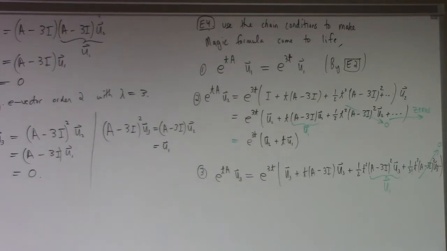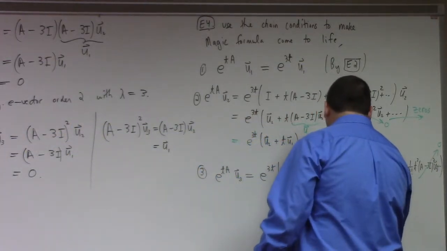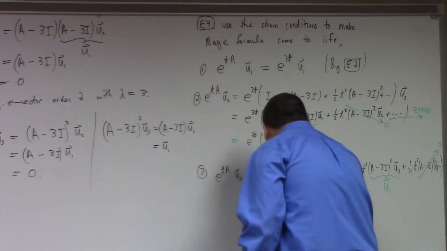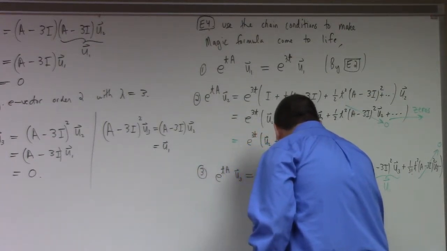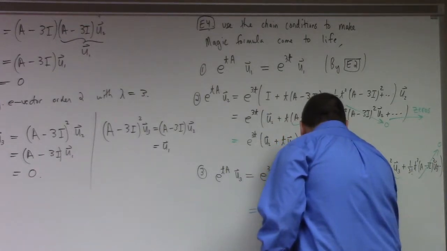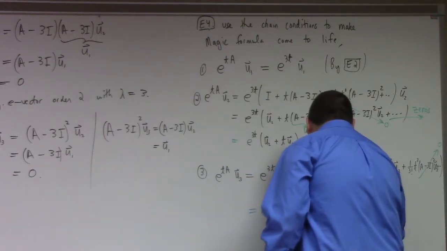Well, by the chain condition, that was u2, wasn't it? So what we get is e^(3t) times [u3 + t u2 + 1/2 t^2 u1].